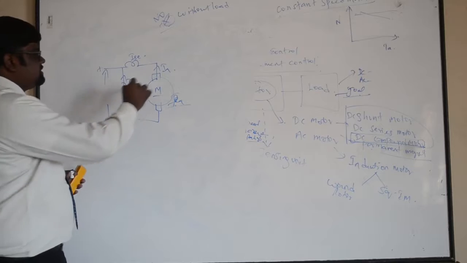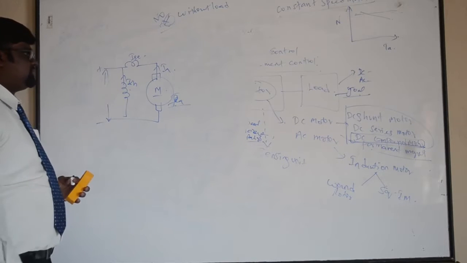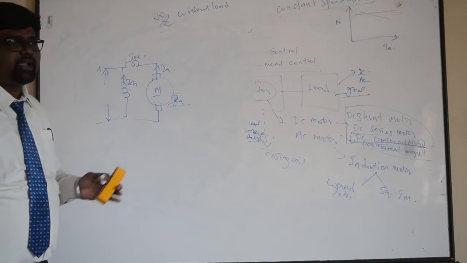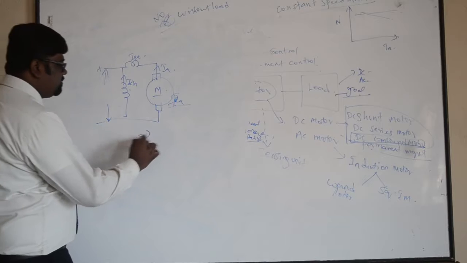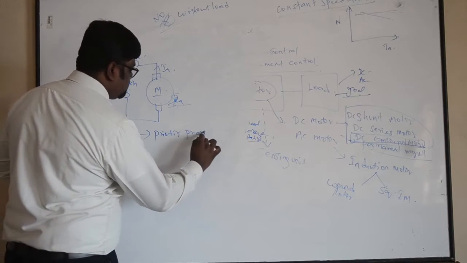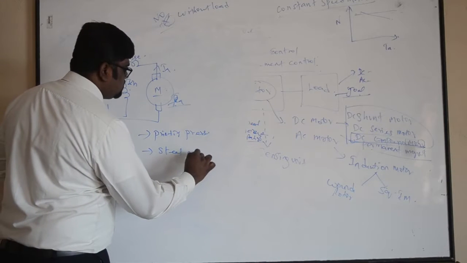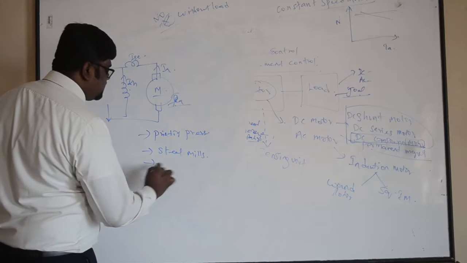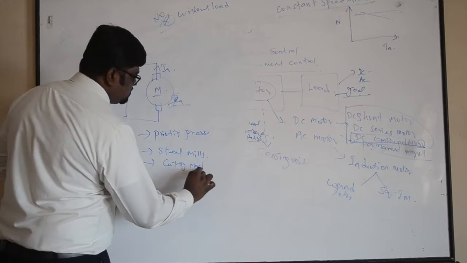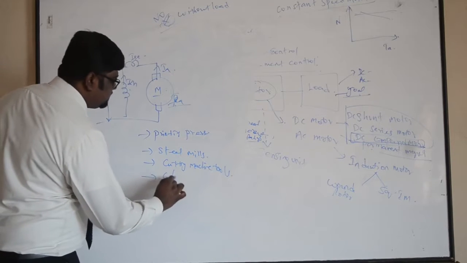As we all know, a compound motor is a combination of both the series and shunt motors. Compound motors are used in printing presses, steel mills, and even cutting machine tools, glass cutting.